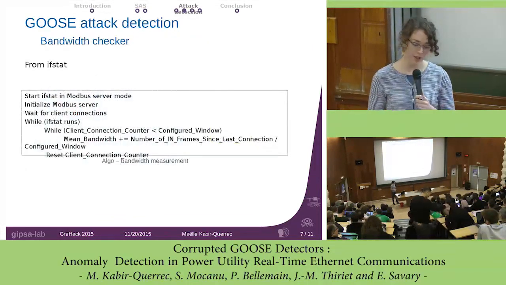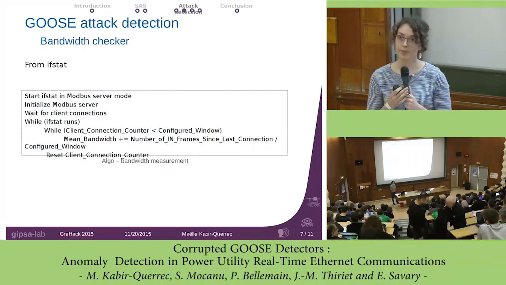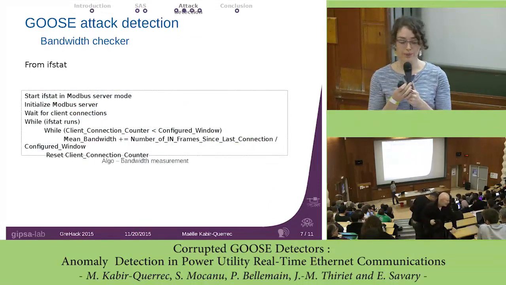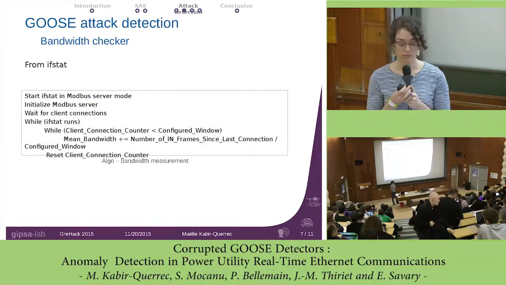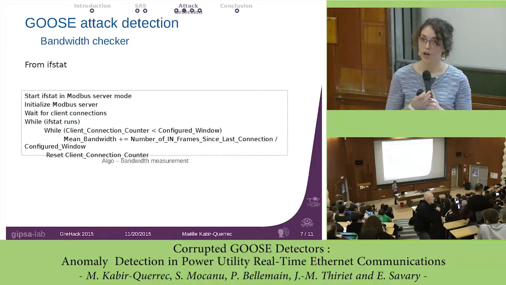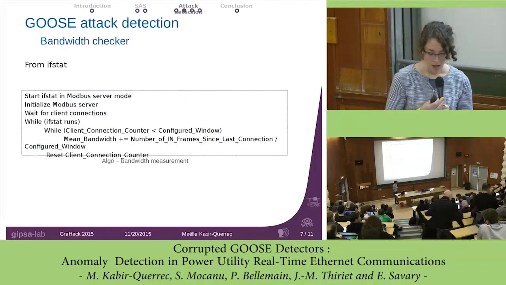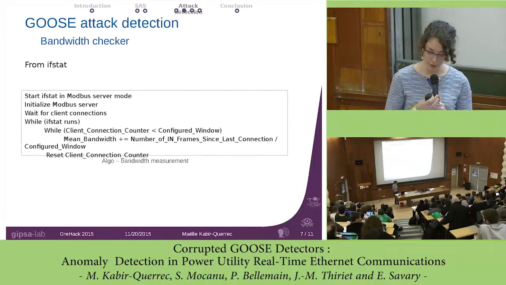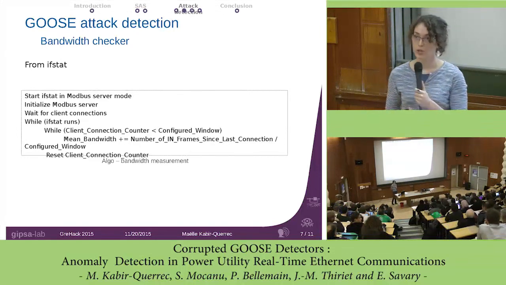So our bandwidth checker is basically a Linux module, ifstat. I'm sure a lot of you know about it. And so we modified it to be able to communicate its results to the SCADA.